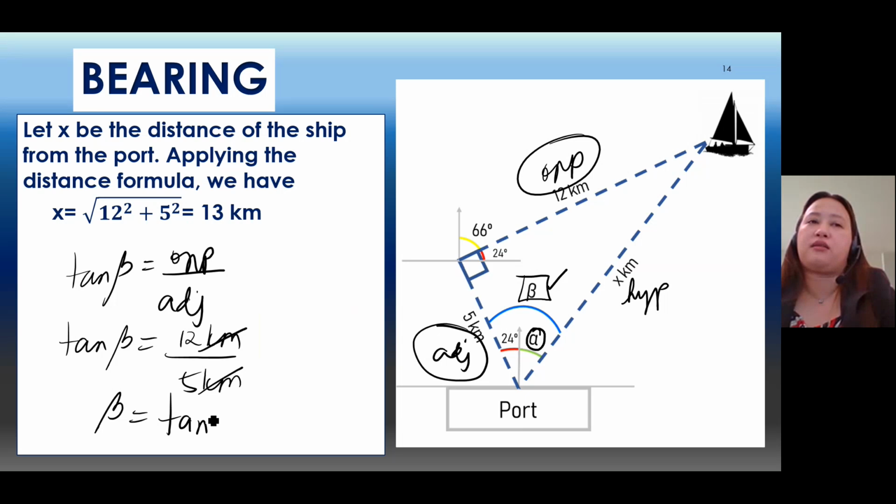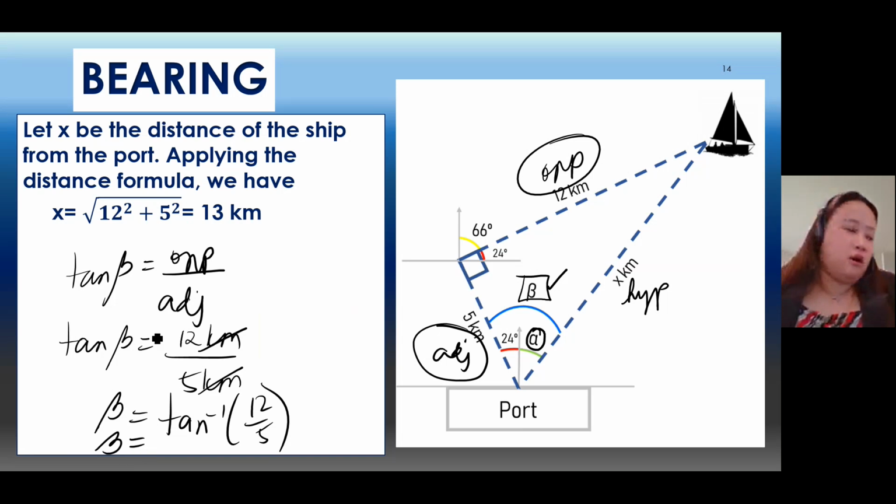It will become arctangent of 12 over 5. Then just use your calculator. So beta is arctangent 12 over 5. Just be sure that your calculator is in degree mode. So it is 67.38 degrees.